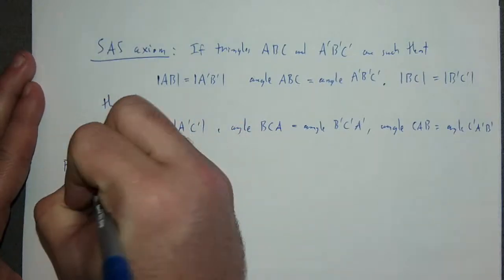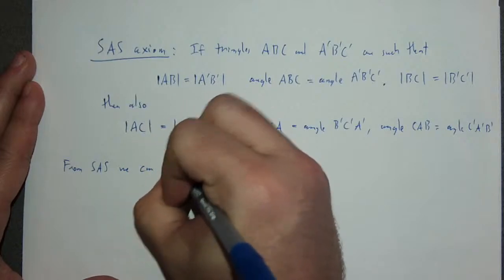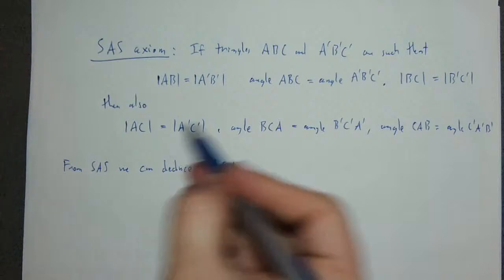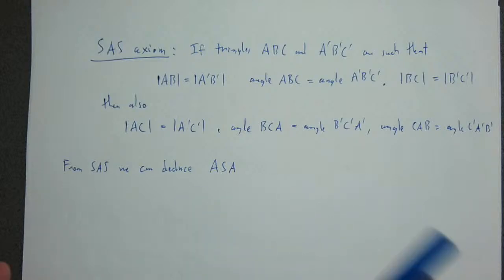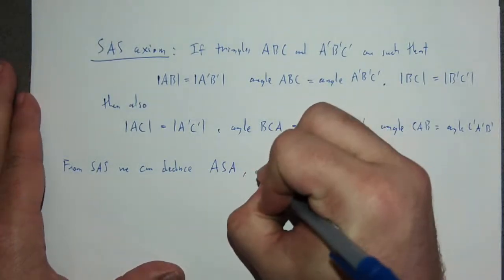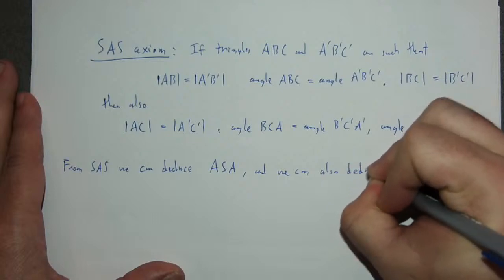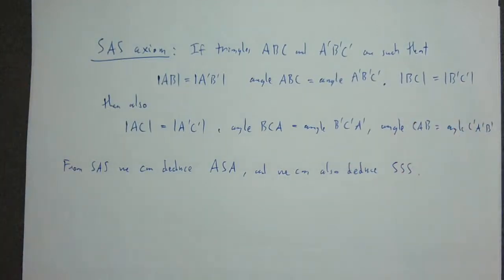From SAS, we can deduce angle side angle, which is the corresponding axiom for angle side angle instead. So two angles and the included side, you get the exact same kind of thing. And we can also deduce side, side, side.